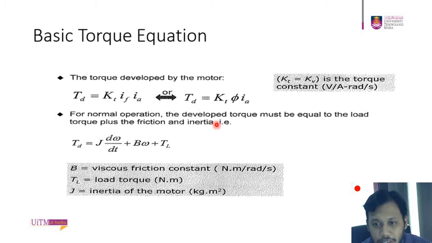For normal operation, the developed torque must equal the load torque plus the friction and inertia in this equation. B is the viscous friction constant, in Newton meters per rad per second, TL is the load torque, and J is the inertia of the motor.